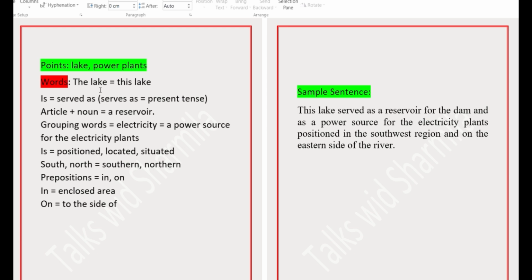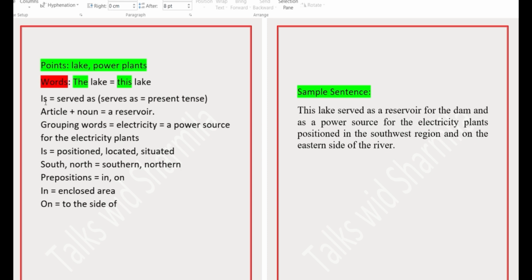So for the word lake, as I said, focus to use the article which is the, or use a reference pronoun which is this. As I said, if you are focusing on the class properly, you can do that takeaway exercise very confidently. So this is the lake or the reference pronoun this lake.